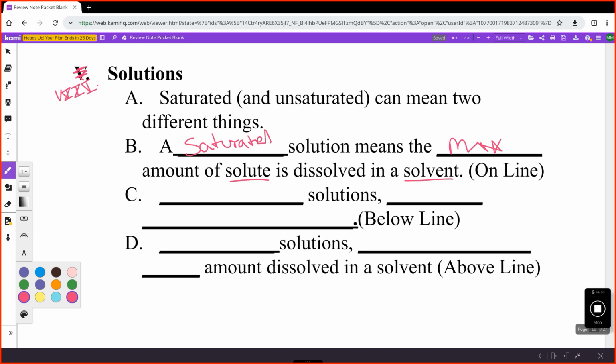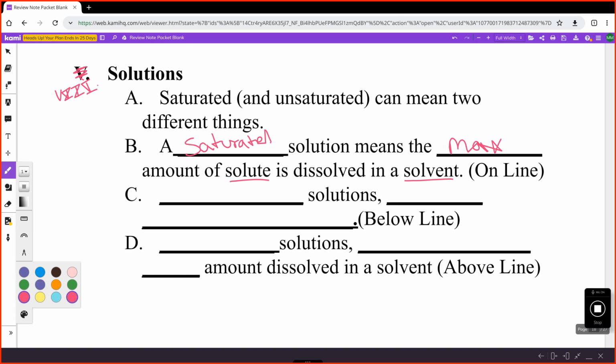That is called a saturated solution, and it is only at that point that the solution is saturated. And typically, if you were doing this in a physical situation, you would know that you've reached the saturated solution when you can see undissolved solute on the bottom.